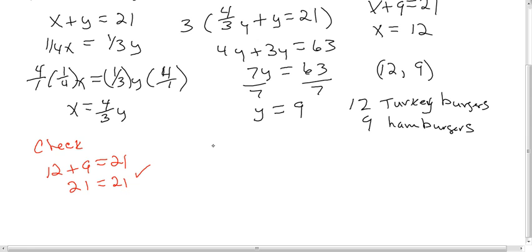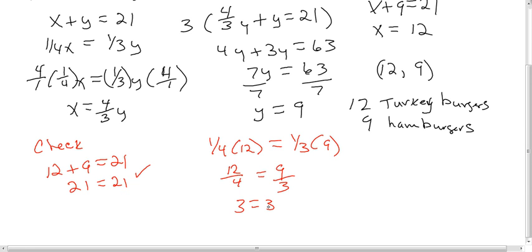So let's take a look at 1/4 X. 1/4 of 12 is equal to 1/3 of Y, which is 9. As we go, we'll have 12 over 4 is equal to 9 over 3, and when we divide, we see that 3 is equal to 3.